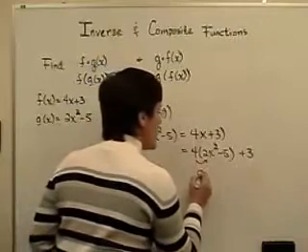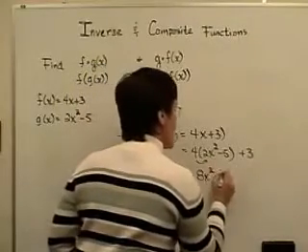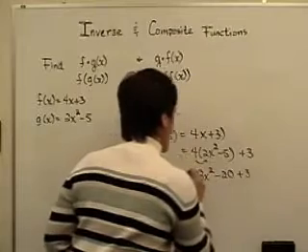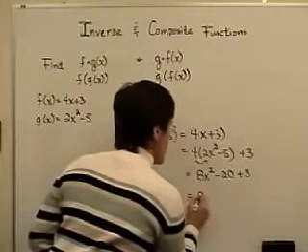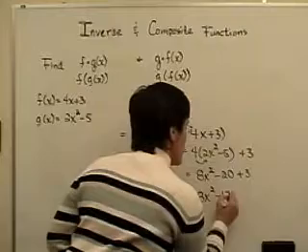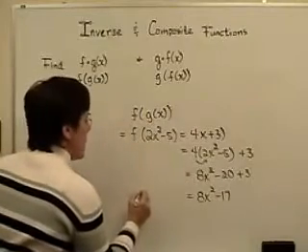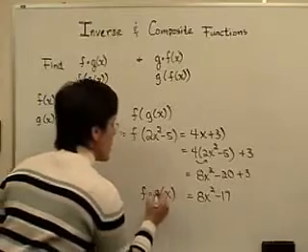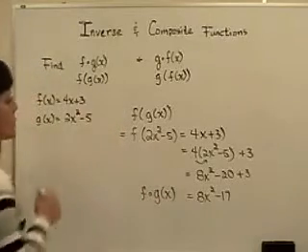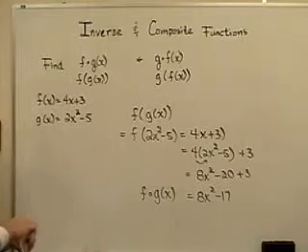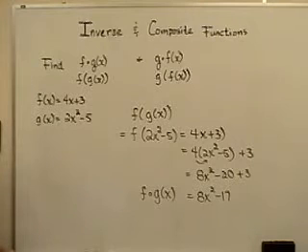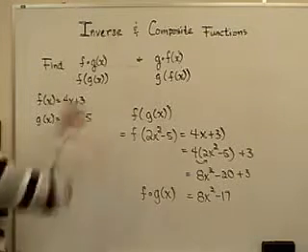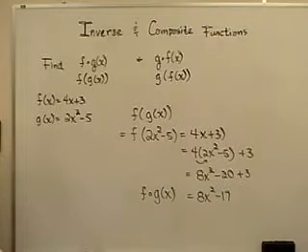So here I have 8x squared, and 4 times a minus 5 is a minus 20, plus this 3, and that combines to be a minus 17, I believe. And I'm done. I have f composite g of x, or f of g of x, is equal to 8x squared minus 17. I'm going to give you a minute to copy that down, and then we'll look at the next composite function.